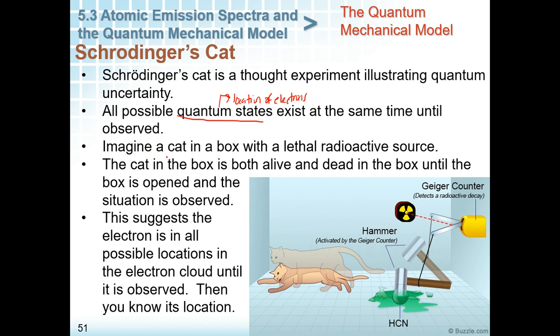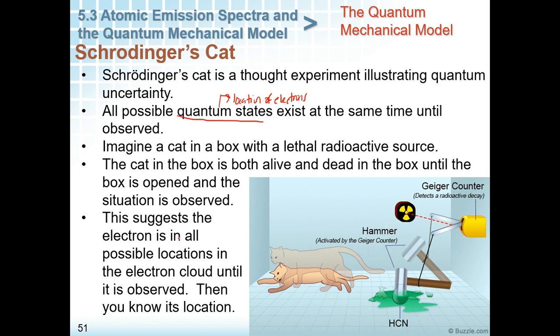And it says, imagine a cat is put in a box with a lethal, which means deadly, radioactive source. We have to assume if we close that box, if we cannot observe it directly, that the cat in the box is both alive and dead until we can actually see for ourselves and observe the situation.